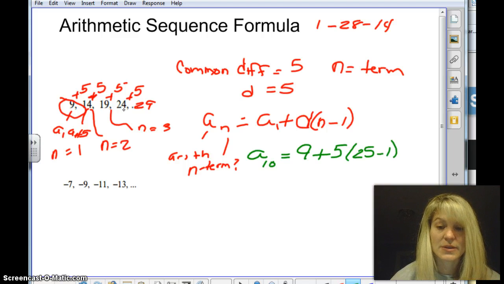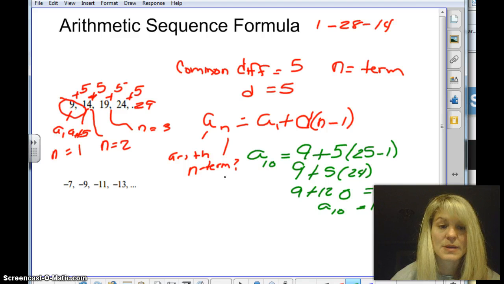Because I got to know the one previous. So then it's just a matter of math. So I know this is going to be 9 plus 5, and then 25 minus 1 is 24. So then this is going to be 9 plus, let's see, what is that, 120? So my 25th term, or my 10th term, hello, is 129.